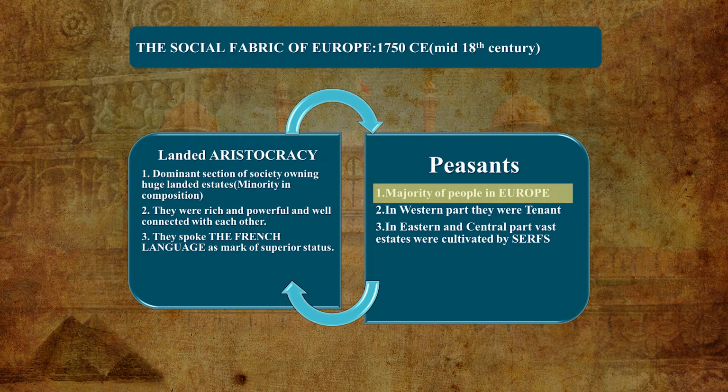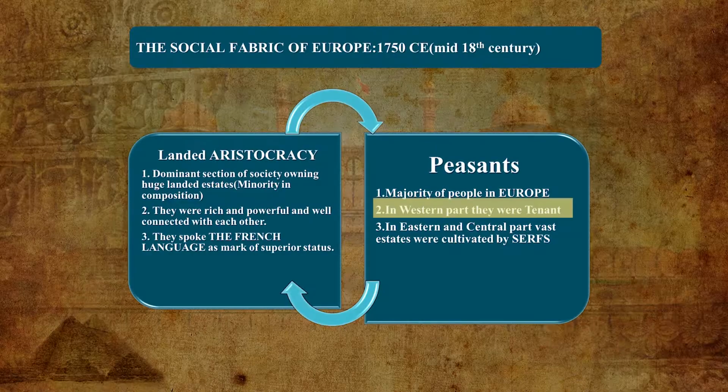However, you will find that the majority of people in Europe were peasants, and the condition of the peasants, as you have already seen in Class 9 on the French Revolution, was not at all good. This peasant community was also divided according to the different parts of Europe. In the western part, there was a more liberal attitude towards peasants.